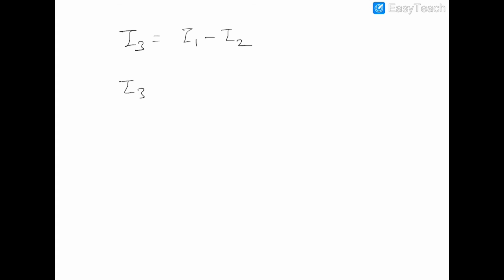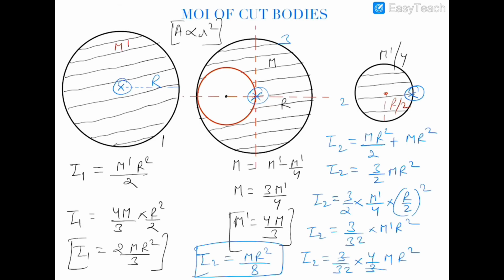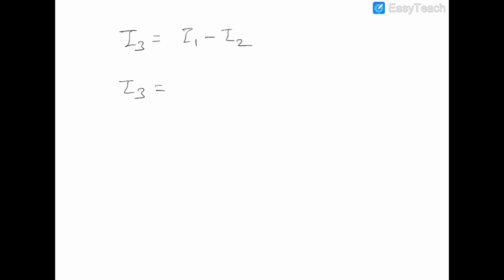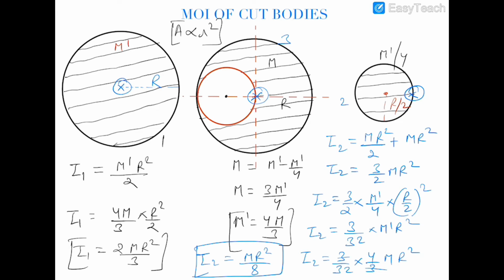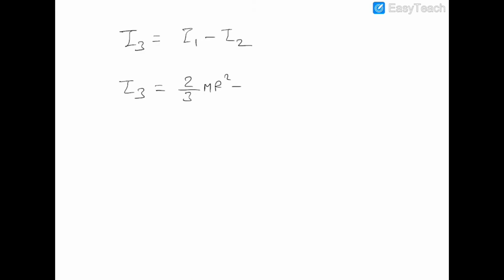So I3: I1 has a value of 2 by 3 mr square, and I2 is equal to mr square by 8.